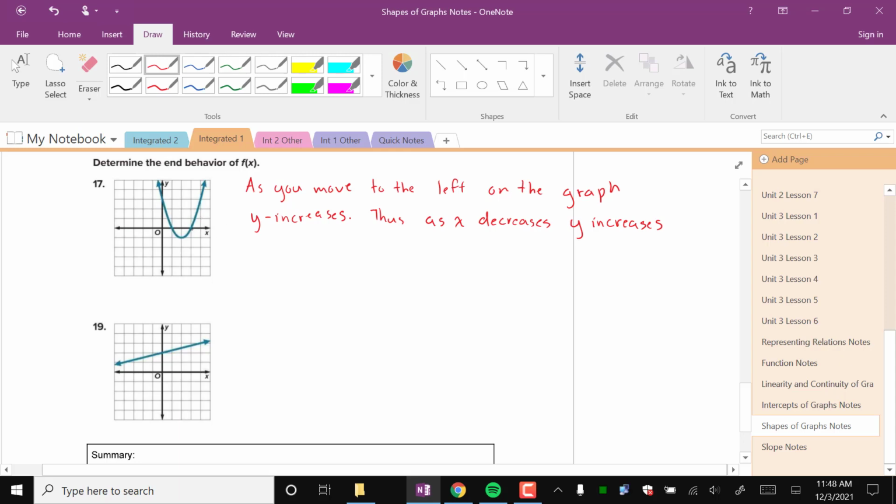What happens if I go to the right? Well, same thing. As I go to the right, y is also increasing because we're bottoming out right here, which is very early. But if we keep going, again, this is end behavior. Keep going, keep going, keep going. As you move to the right on the graph, y increases again.